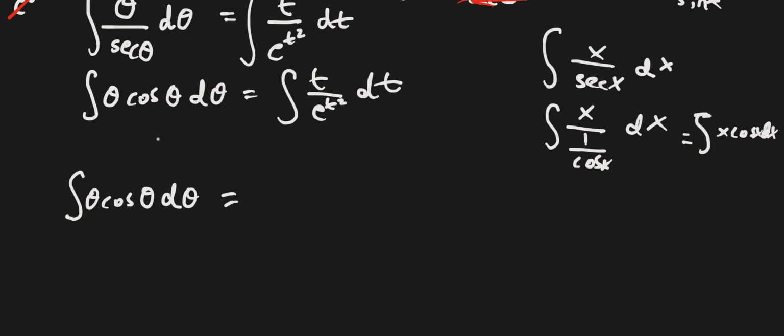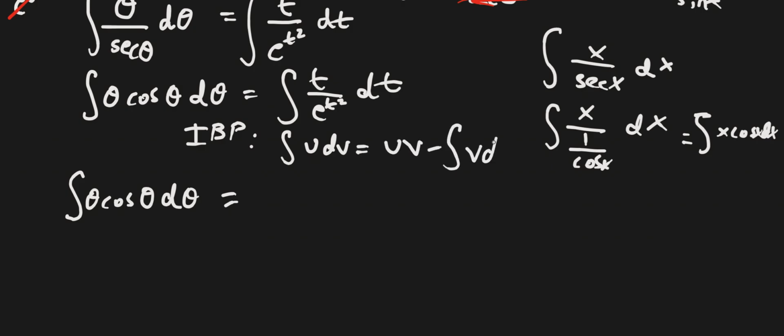This is equal to integration by parts, IBP. Integration of u dv is equal to uv minus integral of v du. U is chosen by the acronym LIATE, so let's think about the algebra.